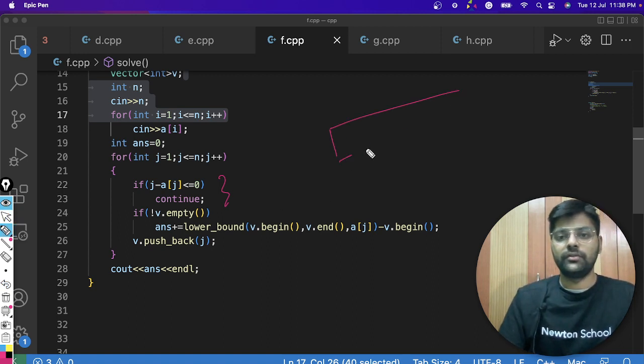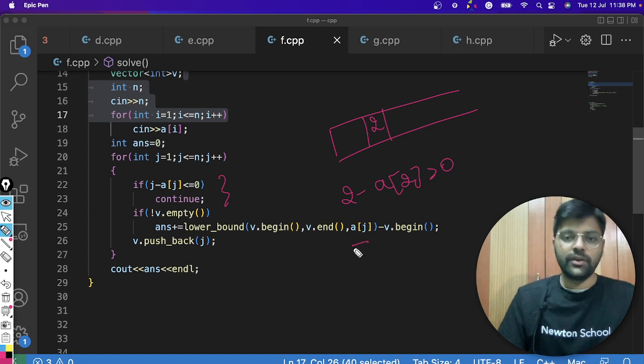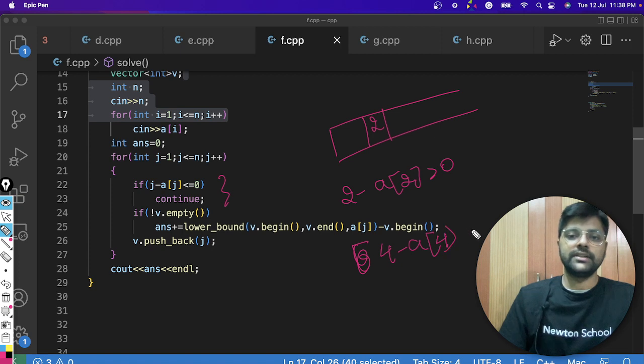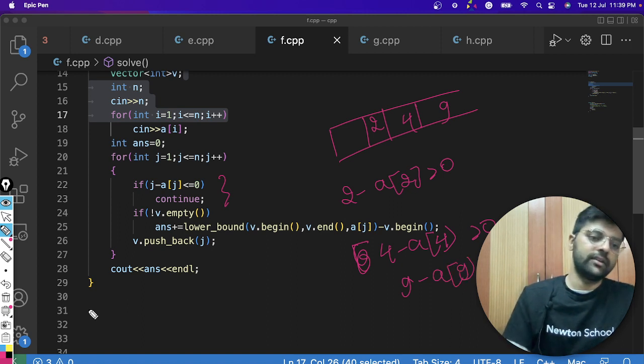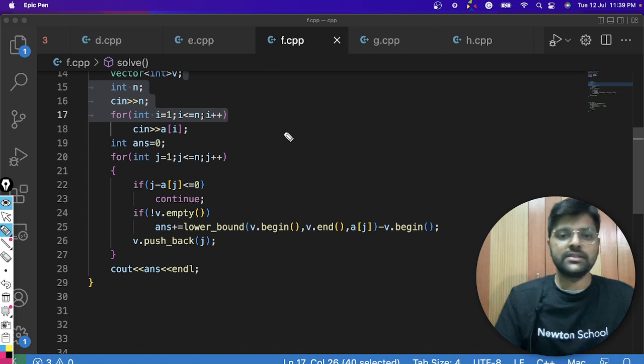Let's say this contains 2 such that 2 minus a2 greater than 0, 4 minus a4 greater than 0, and 9 such that 9 minus a9 greater than 0. Now our third inequality was i less than aj.